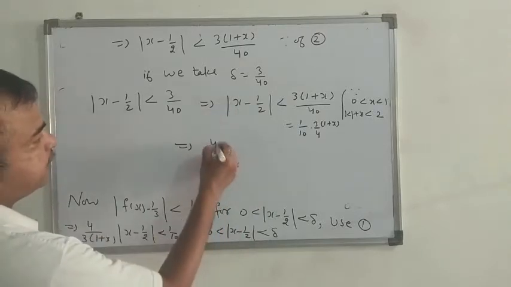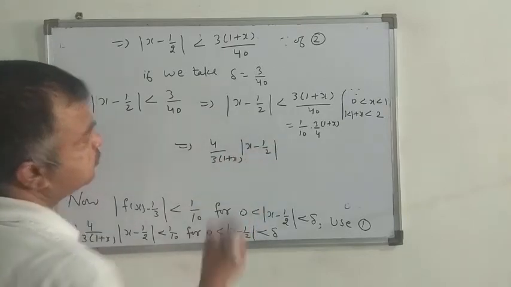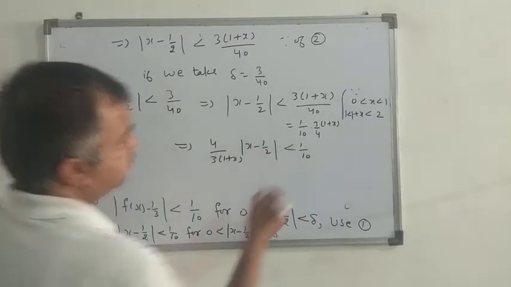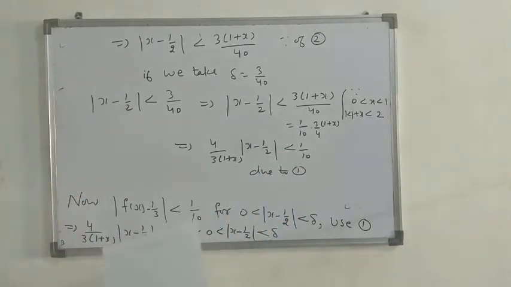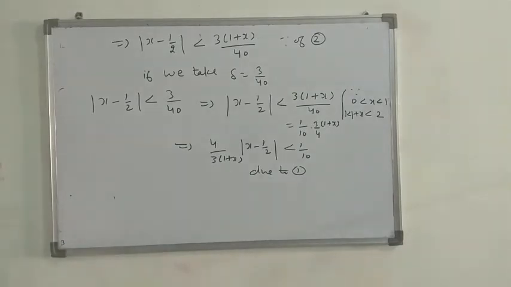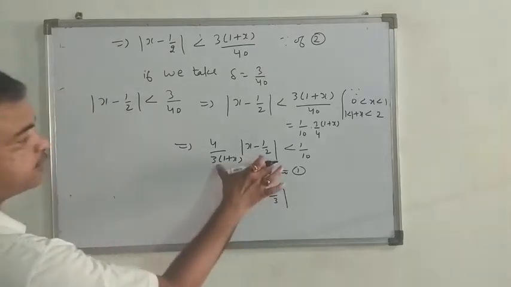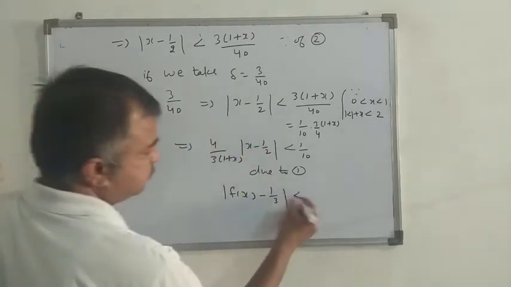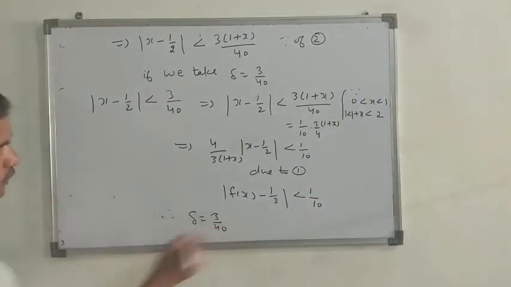Now take it to this side: 4/(3(1 + x)) times |x − 1/2| is less than 1/10. Again, this was |f(x) − 1/3| by equation 1. So therefore delta equal to 3/40 is the answer to this problem.